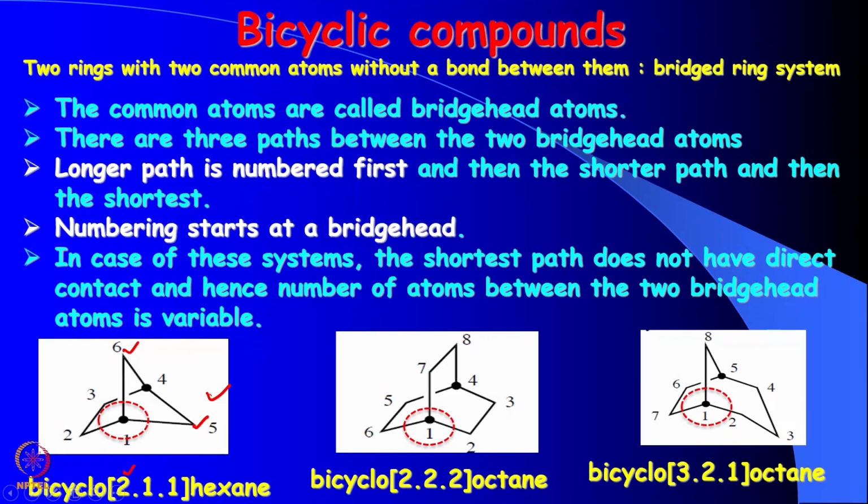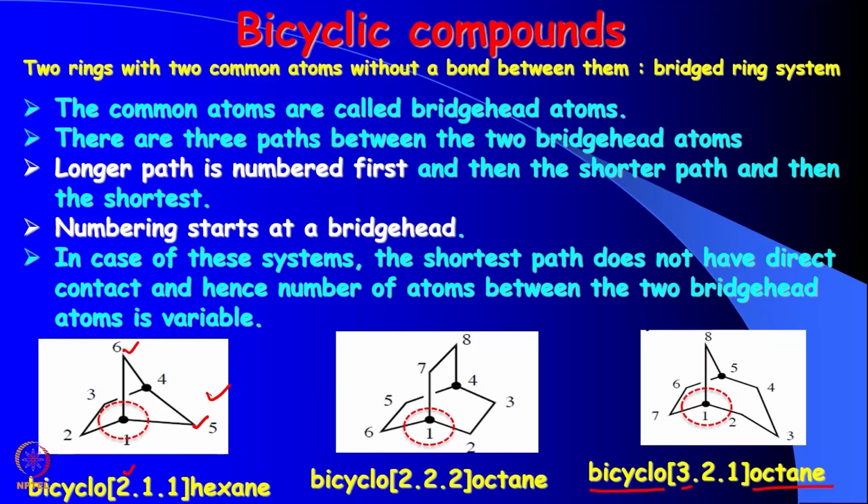In the same manner, in the third one here we can see that it has 2 bridgehead atoms. We start numbering from one of them, number it in the longest ring first and then the shorter ring, and then we write it as octane because there are 8 carbon atoms. From 1 to 5 we have 3 atoms here.